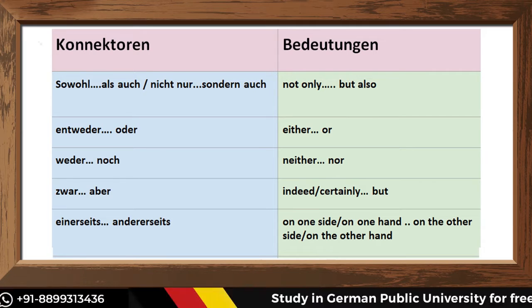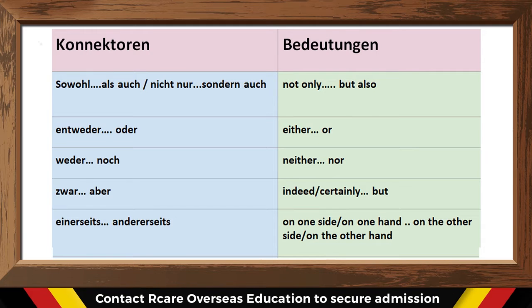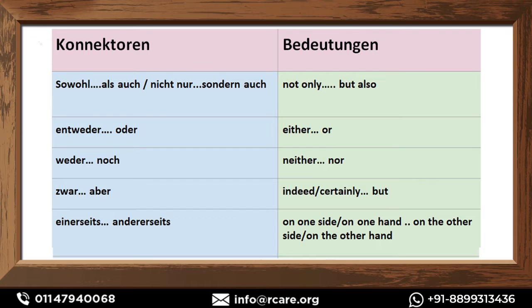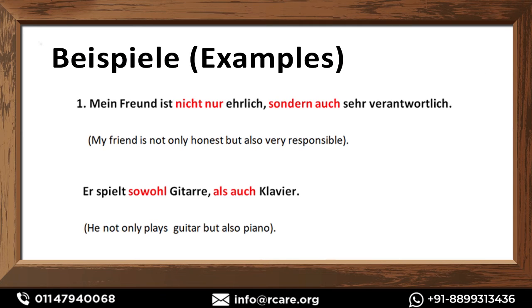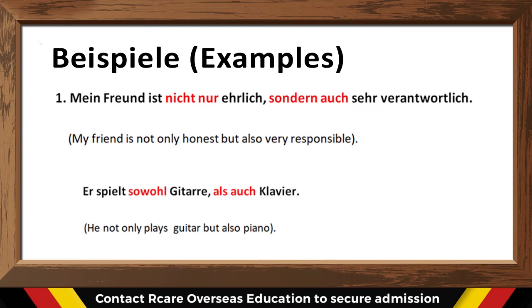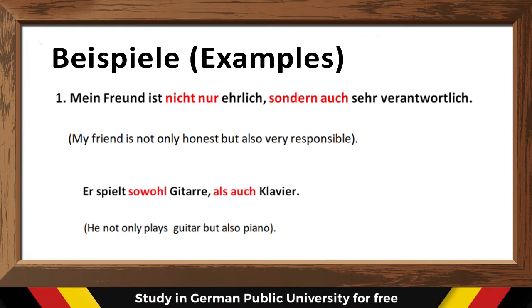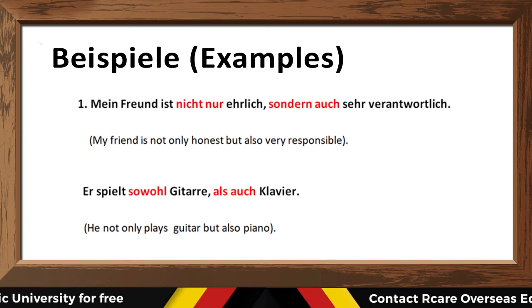Now we'll be learning how they can actually be used in a sentence. Their usage is very much similar to their meanings, the way they are used in English. So the first example is: Mein Freund ist nicht nur ehrlich, sondern auch sehr verantwortlich. My friend is not only honest but also very responsible.